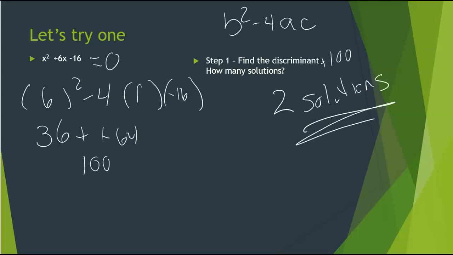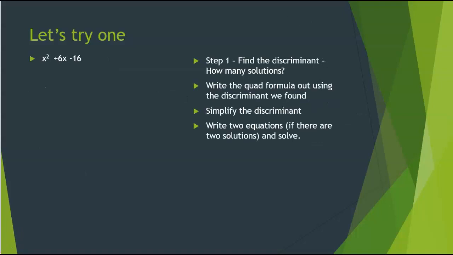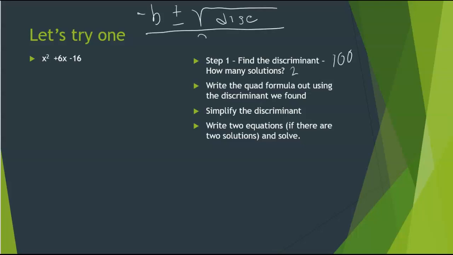Right? That means we got a little work to do. We're going to take this discriminant now and find those 2 solutions. So the first step was find the discriminant. We found out that that was positive 100. How many solutions? There were 2 solutions. Now we're going to write the quadratic formula out using the discriminant we found. The quadratic formula is opposite b plus and minus the square root of the discriminant all over 2a.